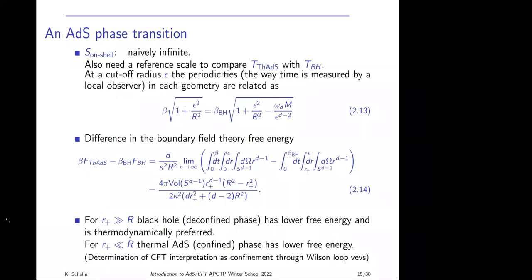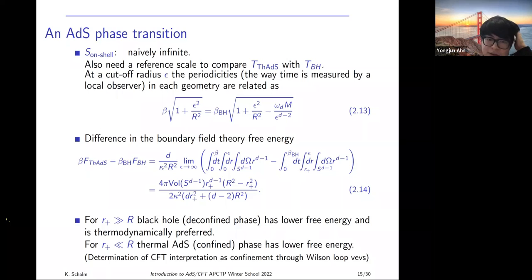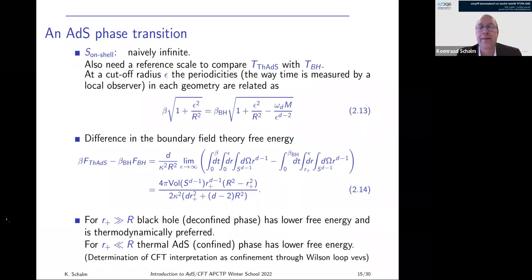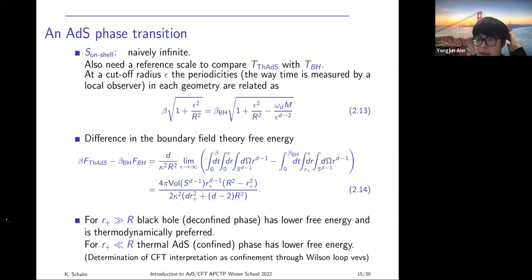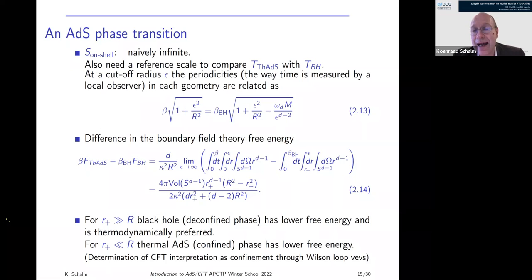I have a question. Yes. So for this free energy calculation, we don't have to consider the counterterm? It seems that the free energy calculation is basically calculating the one-shot action. I avoided that by comparing two free energies.